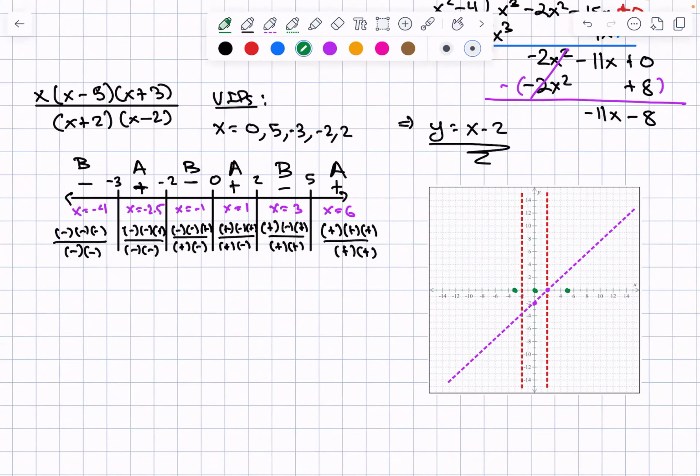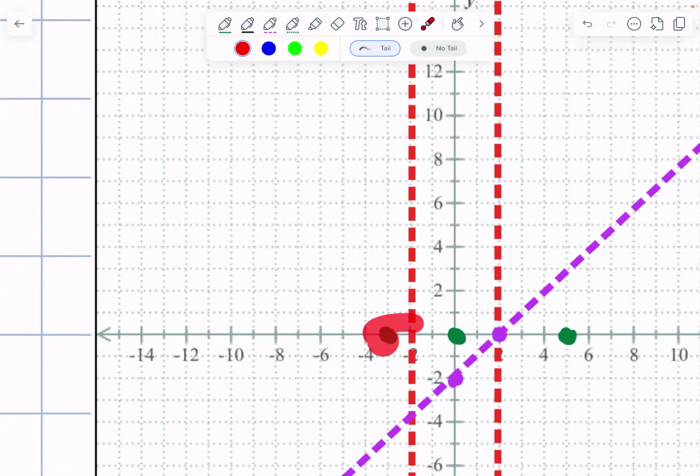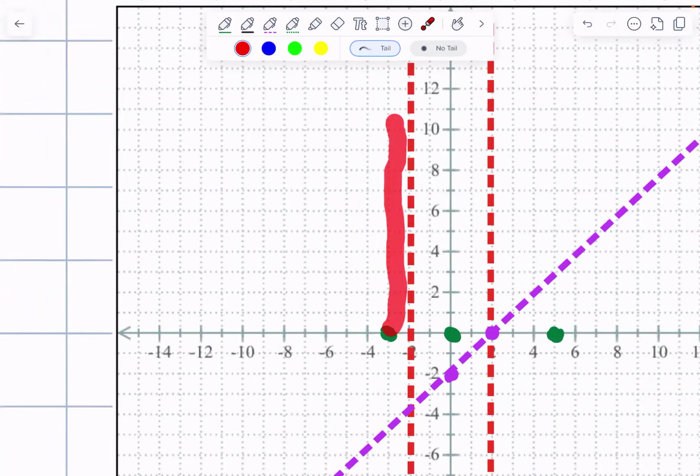And so we have to hug our asymptotes. We know that between -infinity and -3, we're below the x-axis. And since we have to hug it, we're probably going to come up to it like that. And then between -3 and -2, so right in this little tiny segment right here, we're above the x-axis. So we're going to have to hug our asymptote like that.